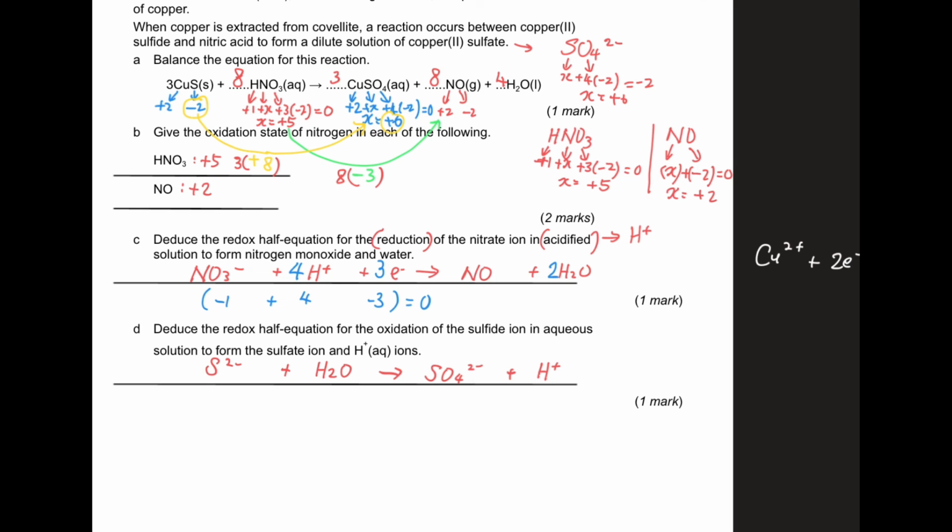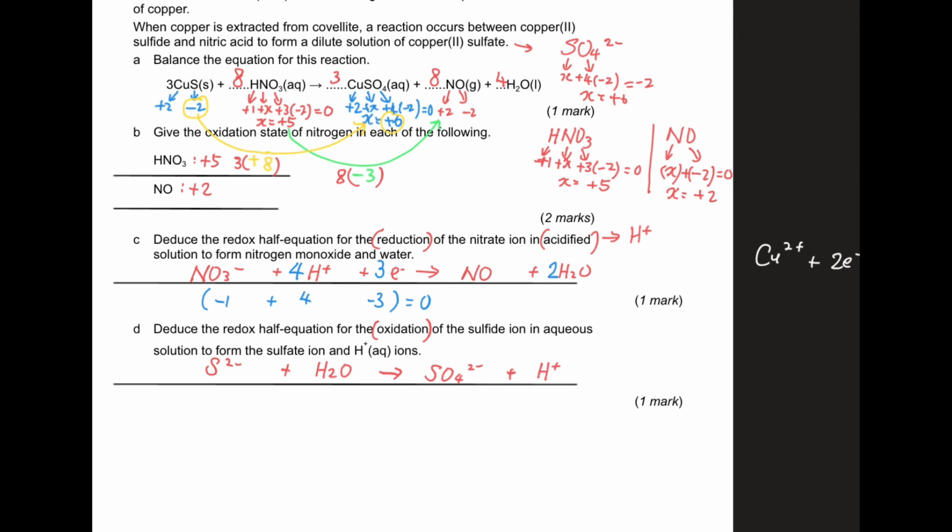And then the other thing is oxidation. Oxidation means we should have loss of electrons. Loss of electron means electron on the right. Reduction, electron on the left. Oxidation, electron on the right.